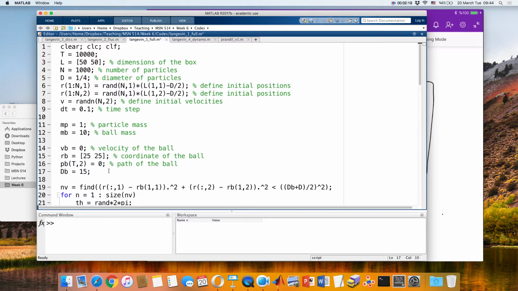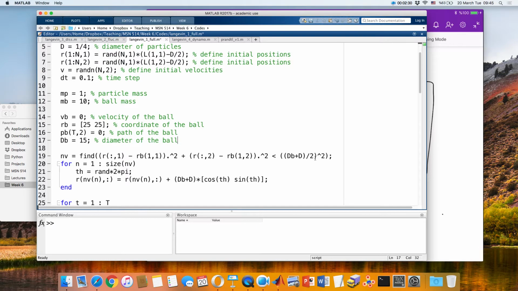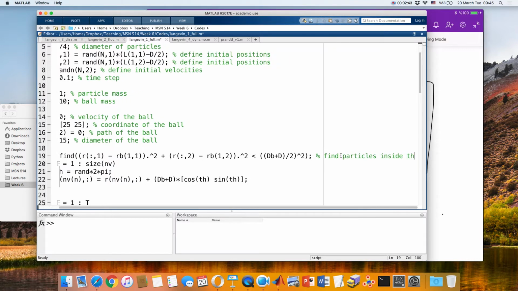This is the diameter of the ball. And then what this one does is find, okay. Are you with me, by the way? Yes? Find particles inside the ball.